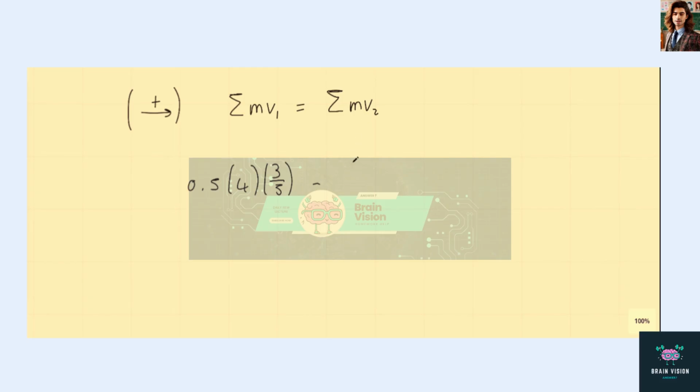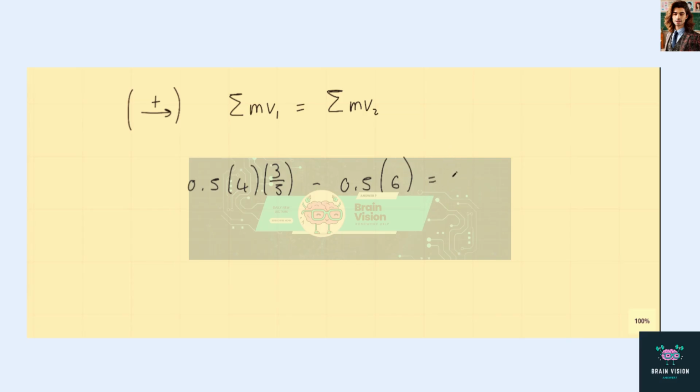minus the initial momentum of disk A, actually, which is minus mass 0.5 times the x component of its velocity, which is simply 6 meters per second.